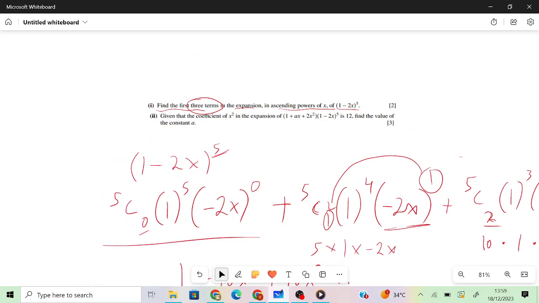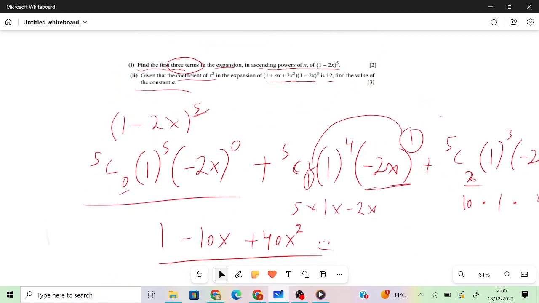it says that given that the coefficient of x squared in the expansion of 1 plus ax plus 2x squared and 1 minus 2x to the power 5 is 12, find the value of the constant a.